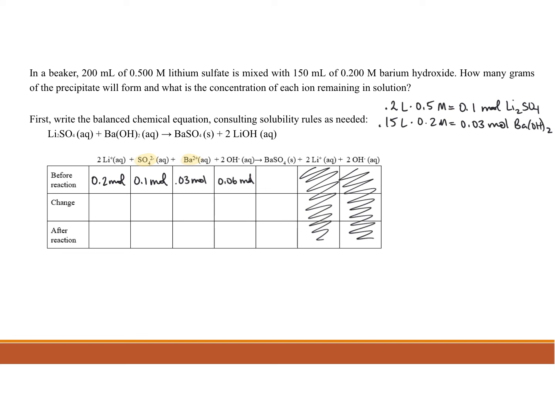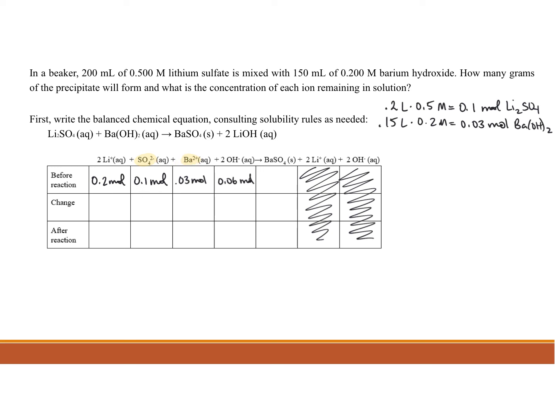So once again, you can see that 0.03 moles of barium is 0.03 moles of reaction, and 0.1 mole of SO4 2- is 0.1 mole of reaction. Because it's a 1-to-1 ratio, we can assume that barium, Ba2+, is the limiting reactant.